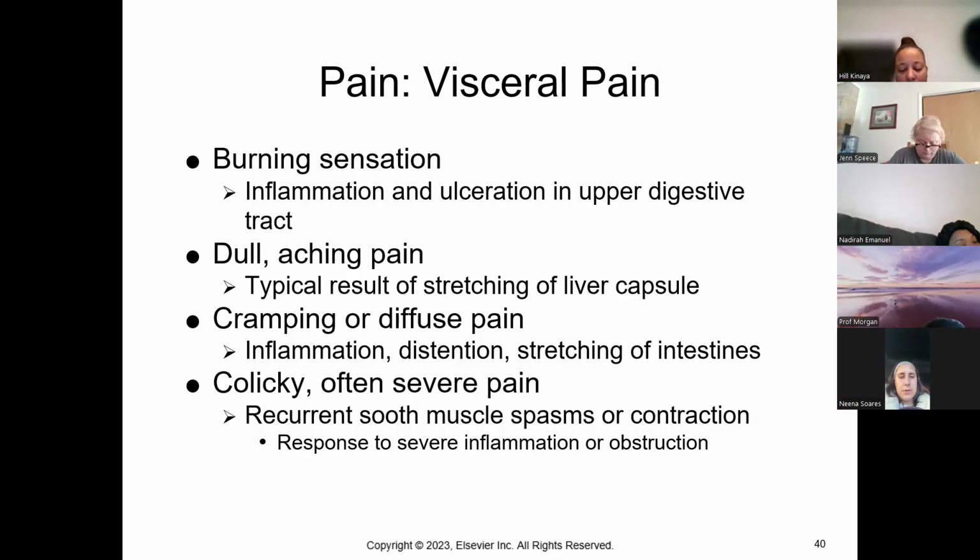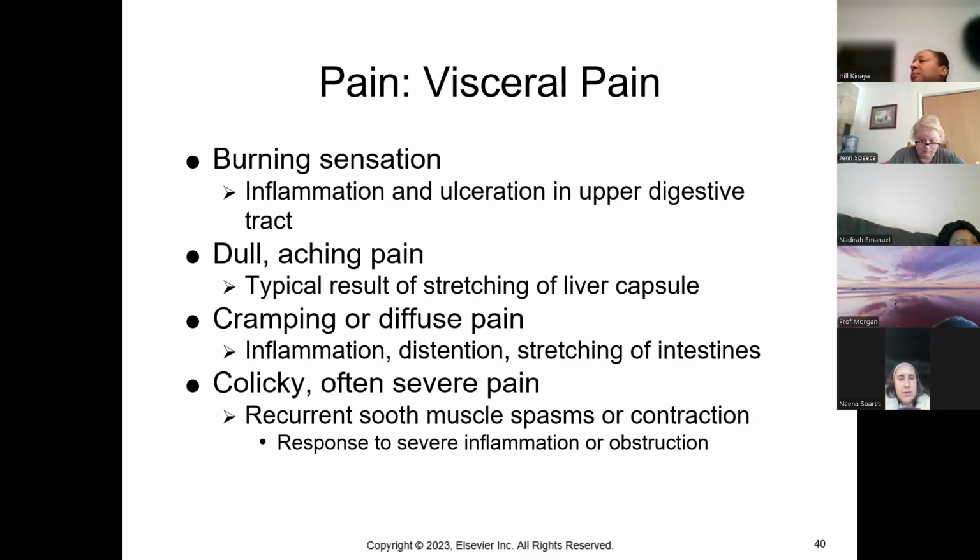A dull or aching pain in the right upper quadrant of the abdomen is usually caused by swelling of the liver because of the liver capsule. Cramping or diffuse pain is characteristic of inflammation, distension, or stretching of the intestines. And this next one is the one they love to test about.